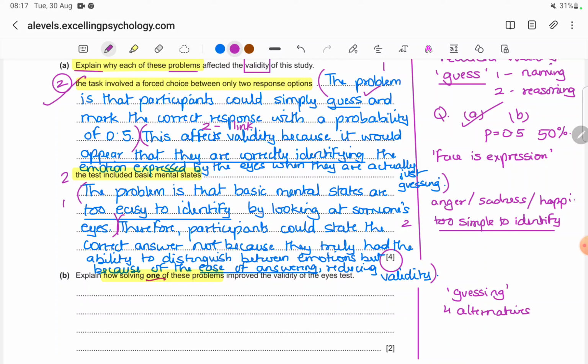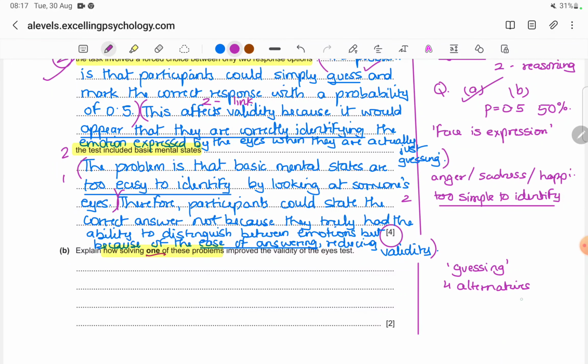So in the original test, if the choices were between happy and unhappy, angry and calm, sad and excited, whatever, they were antonyms firstly, and they were just 2 options. So we saw possibility of guessing was 0.5. That was the probability. They included 4 alternatives in the revised version.